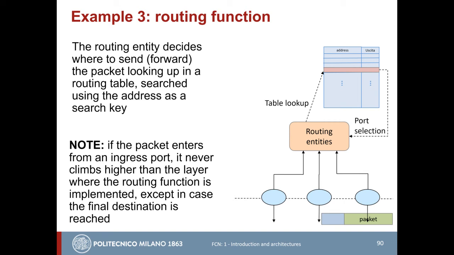But this entity or this layer does not release the information that is contained to the layers above, because this is an intermediate node. So it will release again to the layer below on the suitable interface.